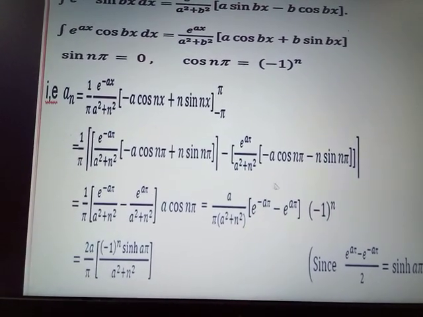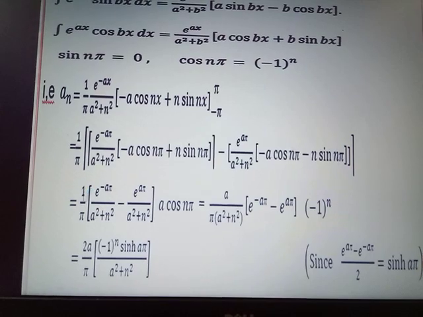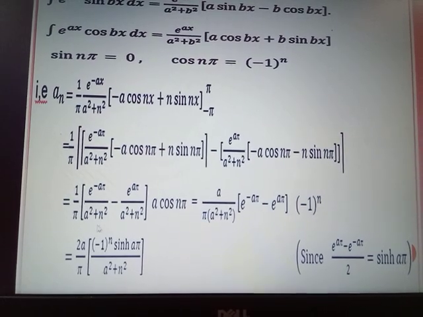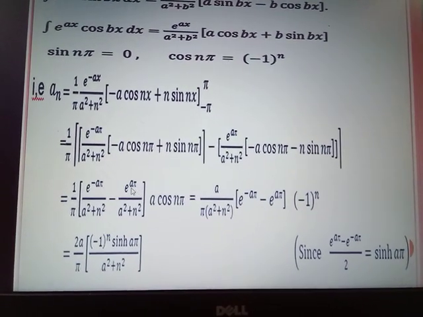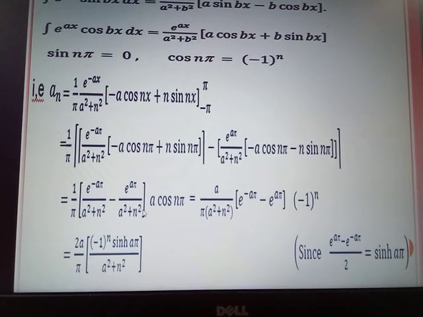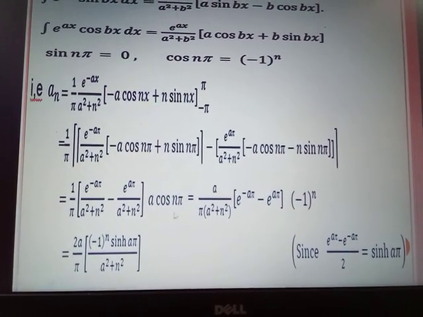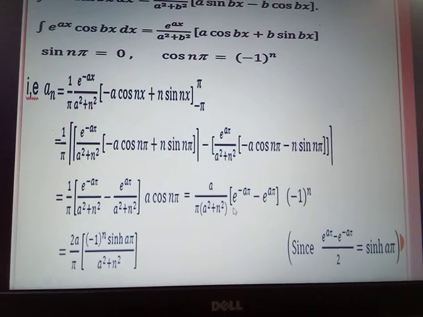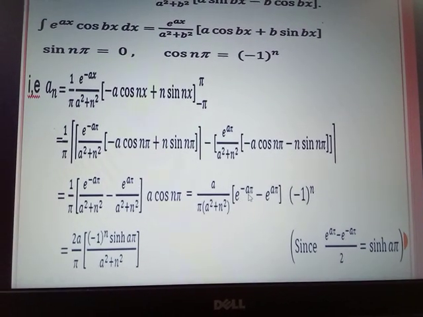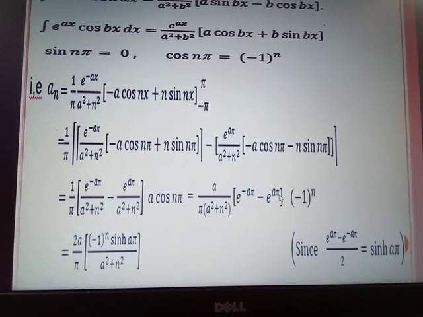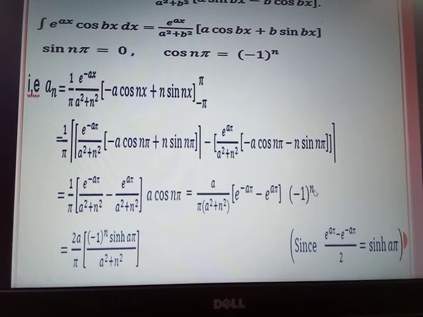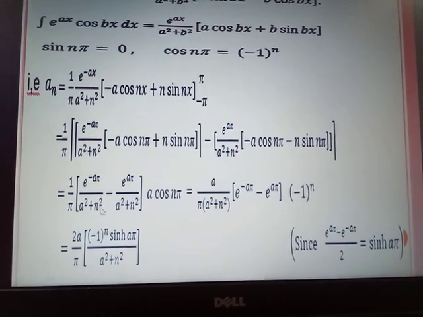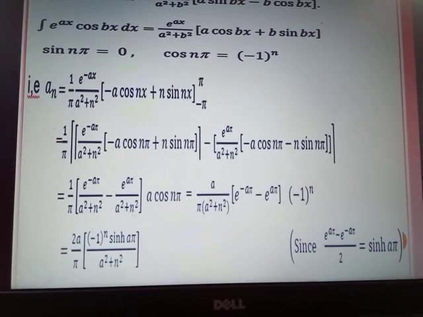After simplification we get 1/π into [e^(-aπ)/(a² + n²) - e^(aπ)/(a² + n²)] into (-a cos nπ), which is equal to a/(π(a² + n²)) into [e^(-aπ) - e^(aπ)] into (-1)^n, because the cos nπ value is (-1)^n, and take a² + n² common in these two terms.